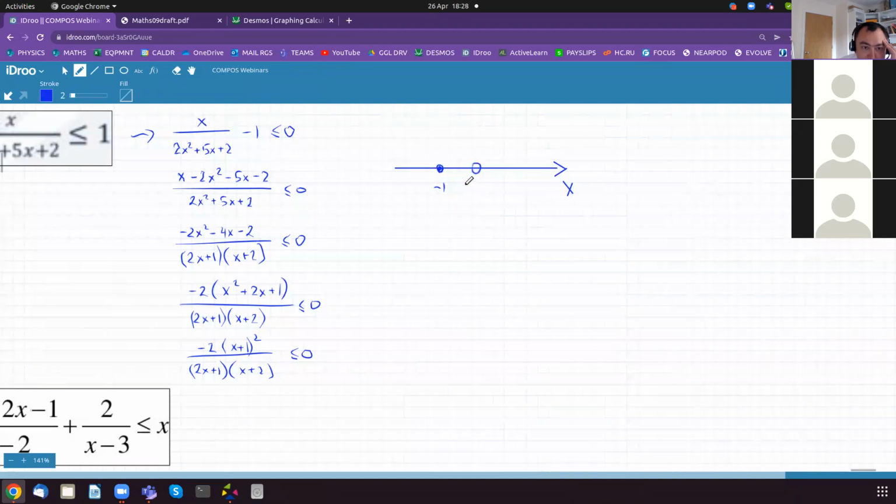Now, minus a half is not included because x cannot be equal to minus a half. X is not equal to minus 2 either.